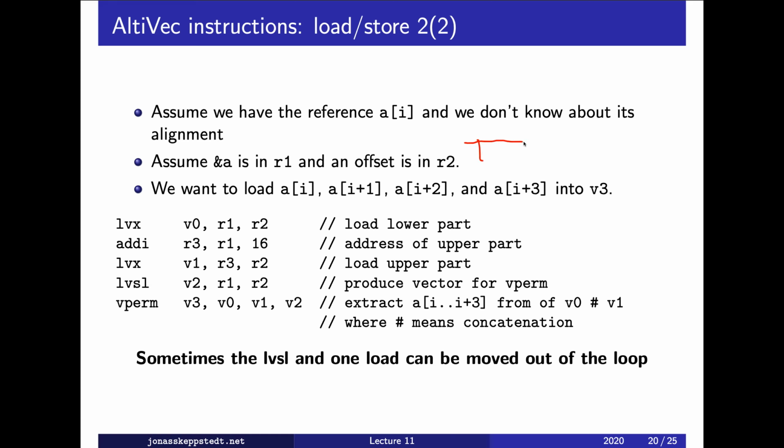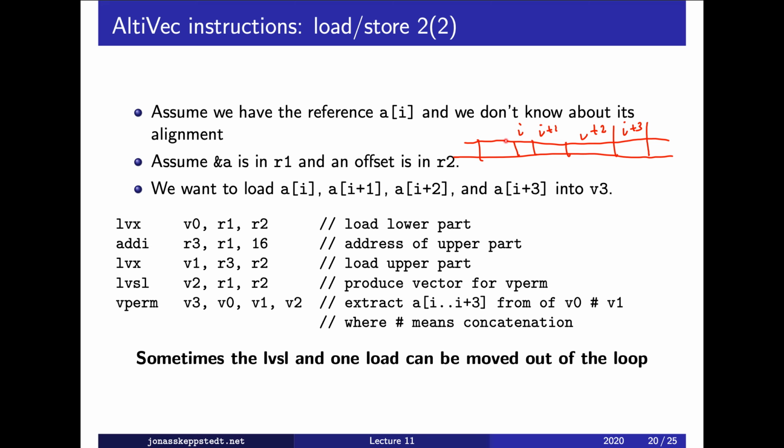This is the big array, and we want this element and this element. So this we want to have, but we don't know where the multiple of 16 is located.